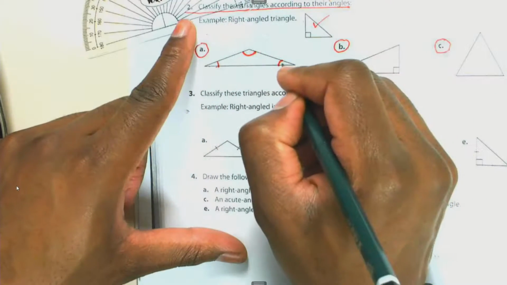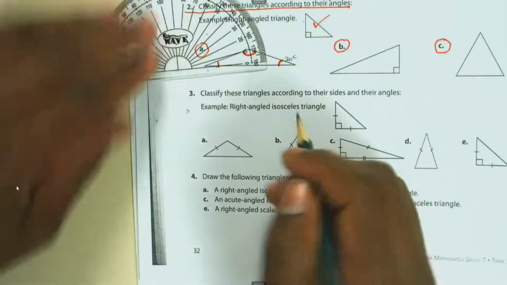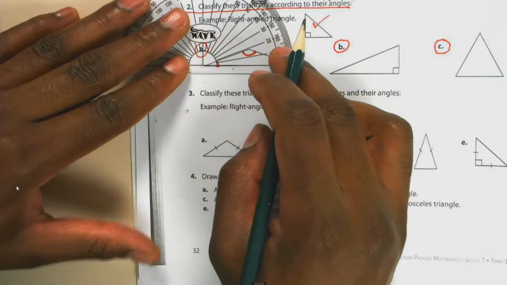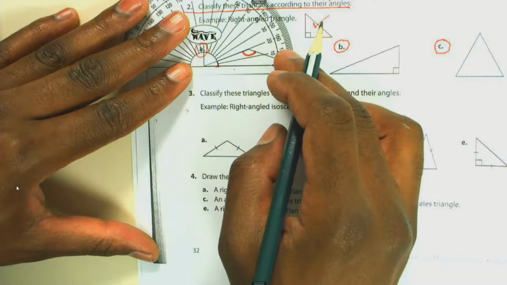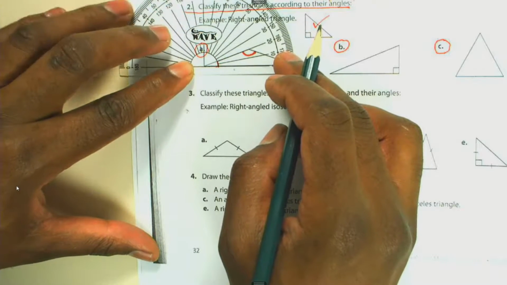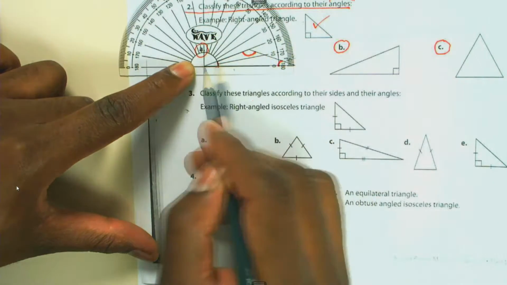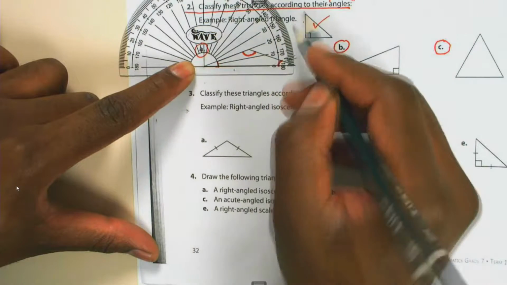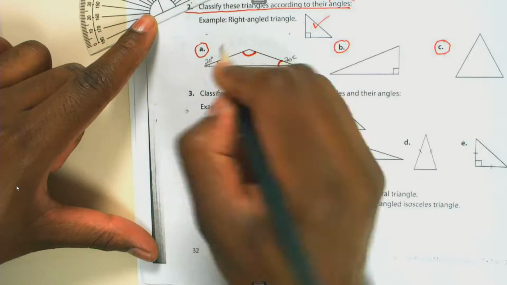Let me just write it there because I don't have a space. Also when you measure here, on the vertex you put the center of your protractor, and then you measure the angle from 0. We have 20 because this line goes straight here. We have also 20 degrees.